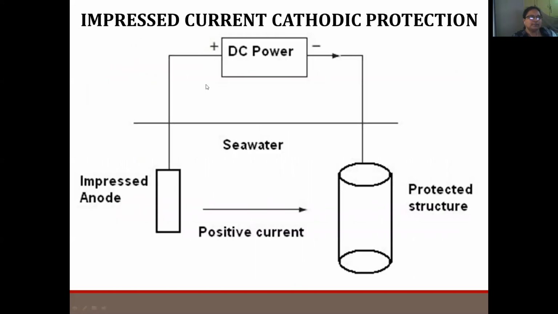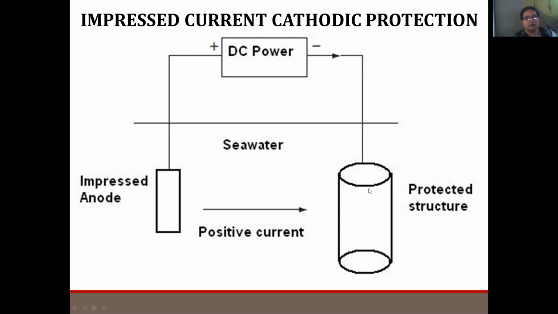Coming here, suppose this is the metal to be protected, that is why it is called the base metal. Now this is connected directly to a DC power supply, and there is an anode here which is inert in nature, so it does not react. When you connect a direct current, the base metal becomes your cathode.